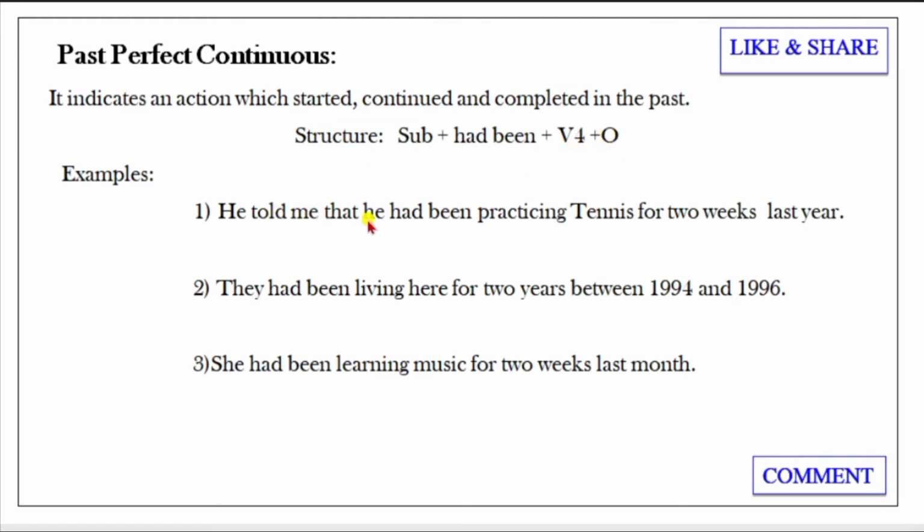He told me that he had been practicing tennis for 2 weeks last year. Here had been practicing indicates it is a past perfect continuous sentence. He told me that, told here is a past action.